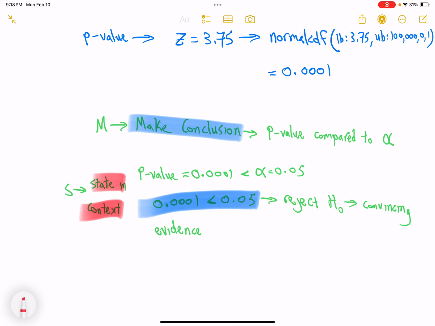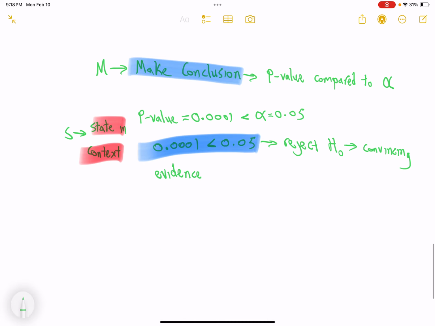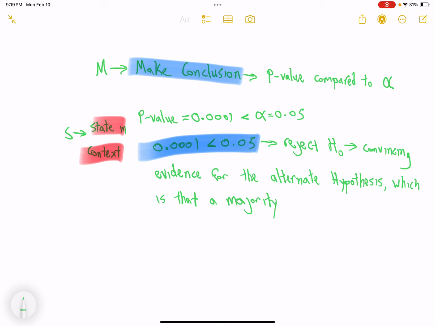For stating in context, that's what I'm about to do. There is convincing evidence for the alternate hypothesis, which is that a majority of U.S. adults support nuclear arms reduction.